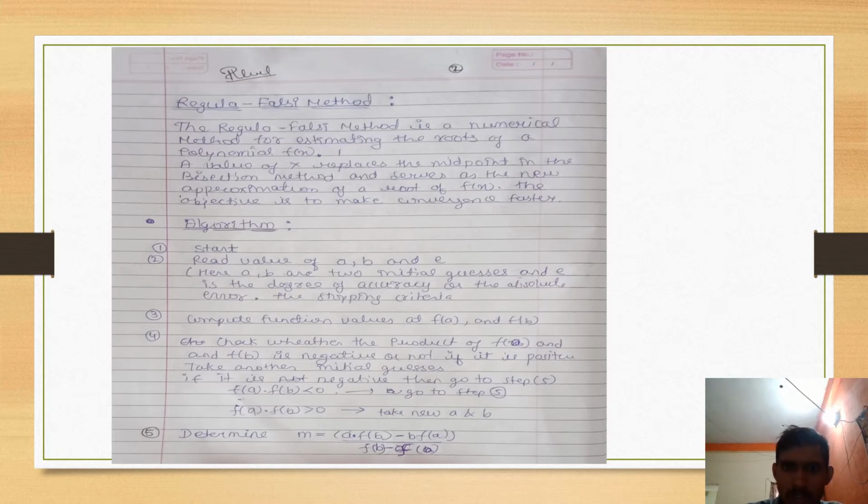After that we compute the values of f of a and f of b. Then we check the product of f of a and f of b. If the product of f of a and f of b is less than 0, then we go to step 5, and if it is greater than 0, then we update the values of a and b.